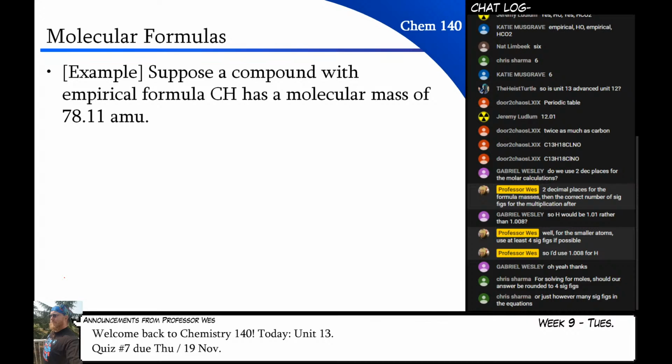All right, let's do an example. Let's suppose that we did the empirical formula already, and I found out that the empirical formula of my compound is CH. And then I read the problem, and the problem says its molecular mass is 78.11 AMU. Remember that AMU and grams per mole are the same thing.